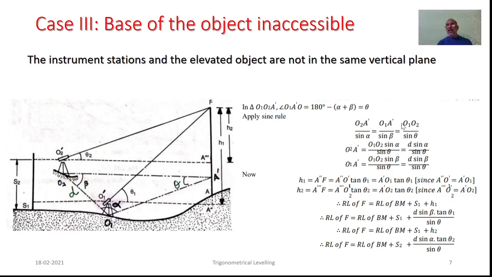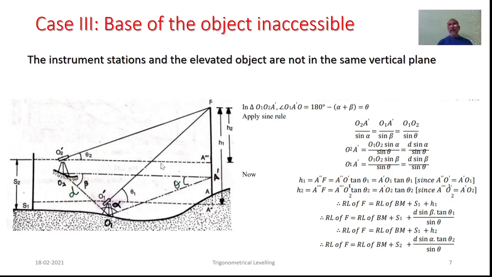So, as you have the value O1 O2 as well as this particular theta, you can determine this O2 A dash as well as O1 A dash, which is nothing but the distance between the instrument setup and the base of the feature under consideration.